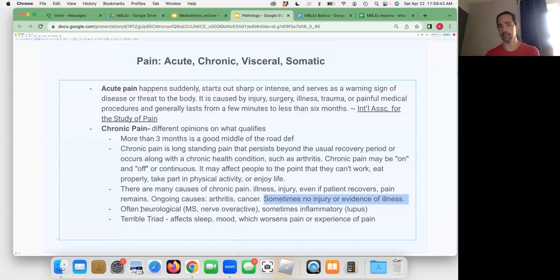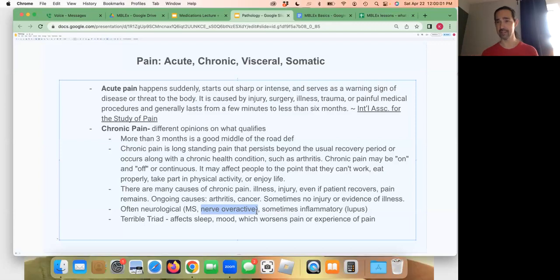Often you'll see pain that is neurological in origin, so it can be caused by things like multiple sclerosis or diabetes, but sometimes it just looks like a nerve is conducting sensory information too easily, right? And they call it neurological or neurogenic pain.